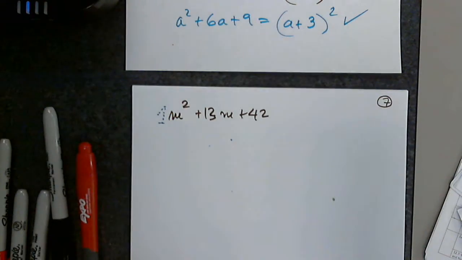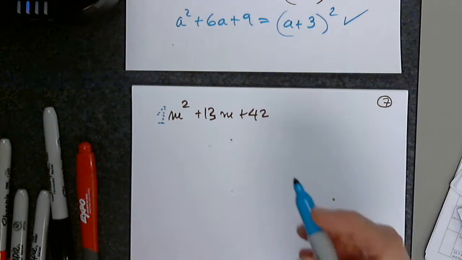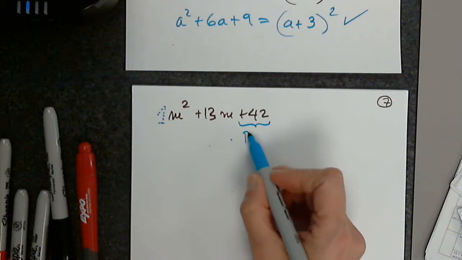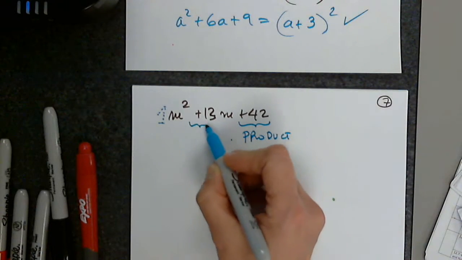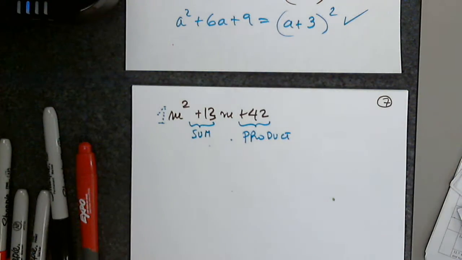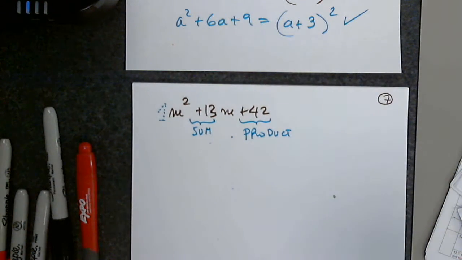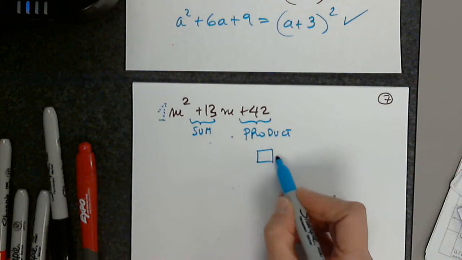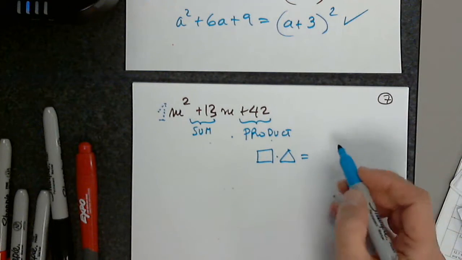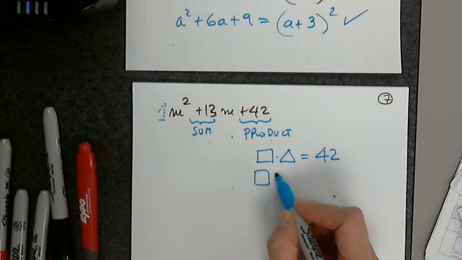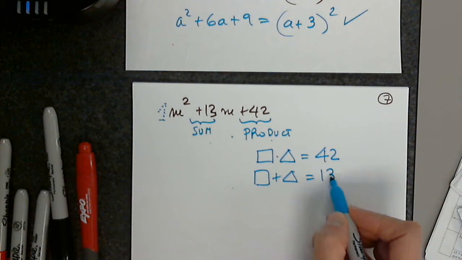So here's how I address this issue. This number is the product with a sign in front. This number is the sum. And I'll explain in a minute how we call that one to be the sum and the other one to be the product. So basically, I'm looking for two numbers whose product is 42 and the same two numbers whose sum is 13.